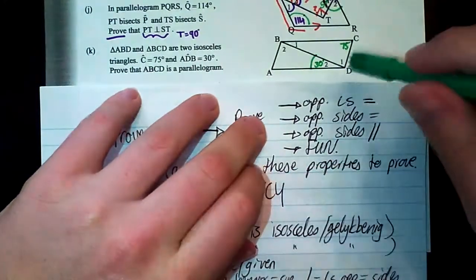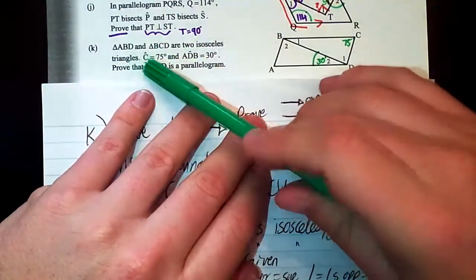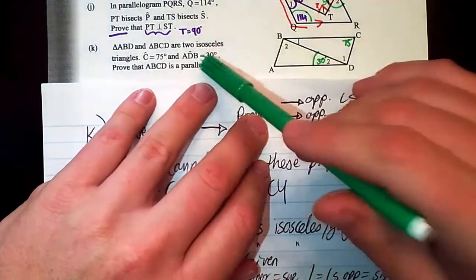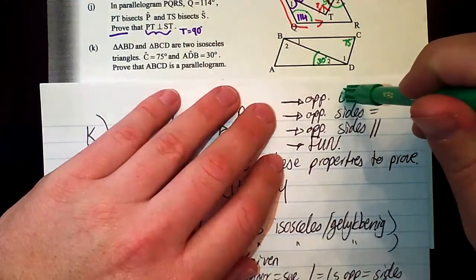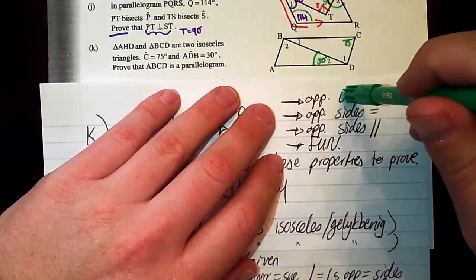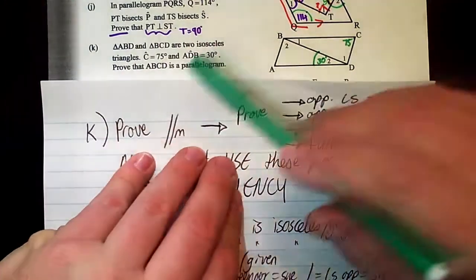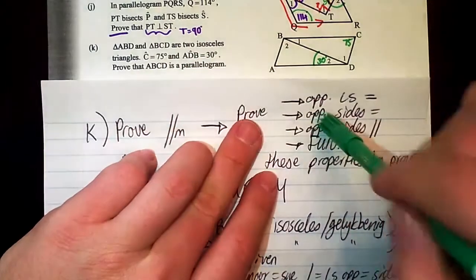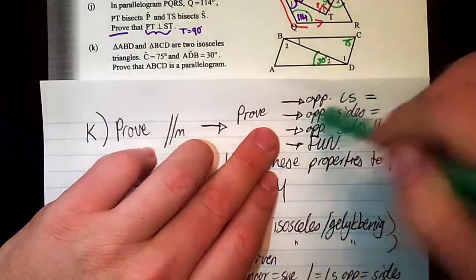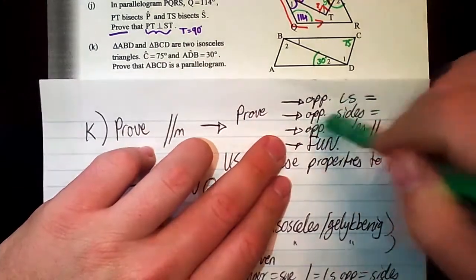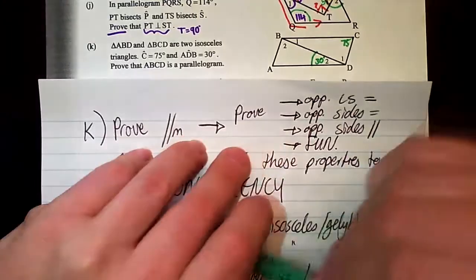Nou as ons dit moet bewys, mag ons geen karaktereienskappe gaan gebruik om enige hoeke of sy lengtes te gaan kry. Ons moet dit gaan bewys. So ons moet bewys hy is 'n parallelogram. So ons moet of bewys dat teenoorstaande hoeke gelyk is, teenoorstaande sye gelyk is, teenoorstaande sye parallel is. En hoe doen jy dit?